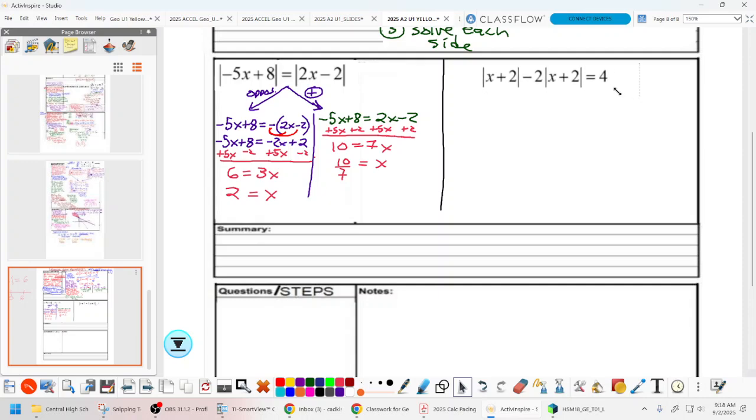Alright, go ahead and write this one down. What do you notice about this one that's different from all of the rest of them? There's a more obvious thing, but a subtle thing.